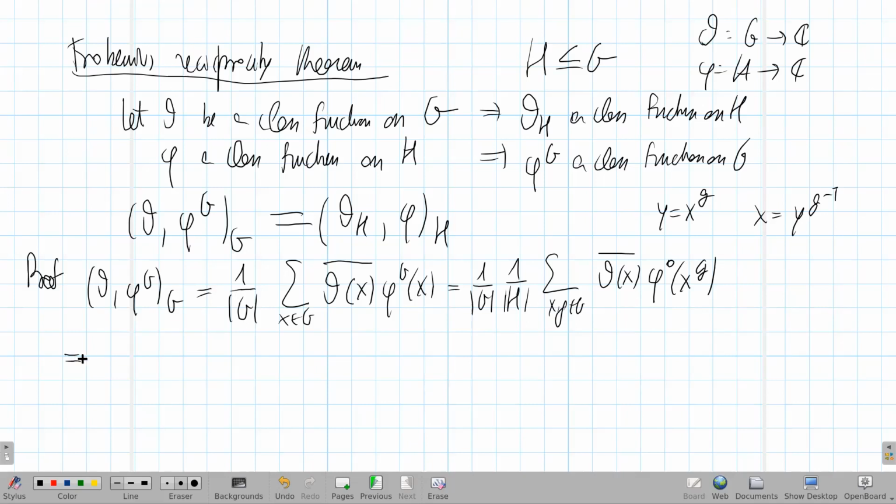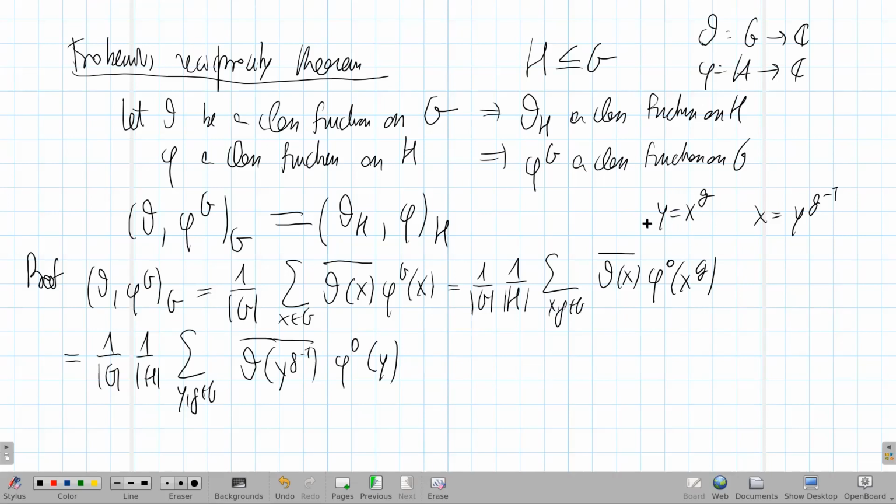And okay, so this will be 1 over the order of G, 1 over the order of H, sum over y, g in G, and you have theta of x will be y g inverse, and this would be simply phi naught of y. Okay, the change of variable, since conjugating is a bijection, summing over x or over y is absolutely the same.